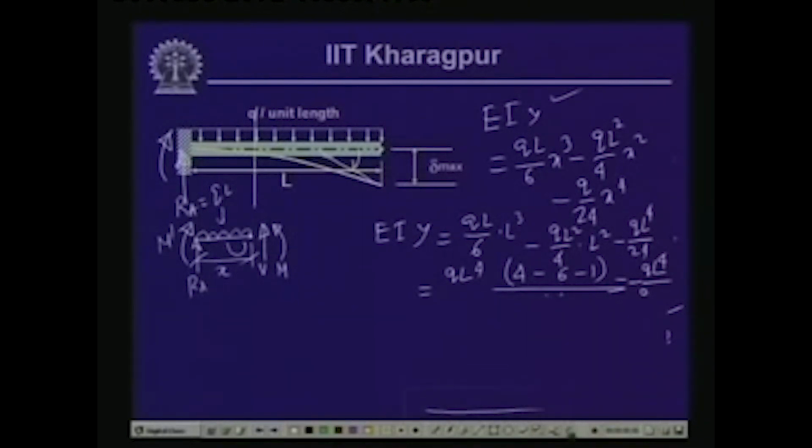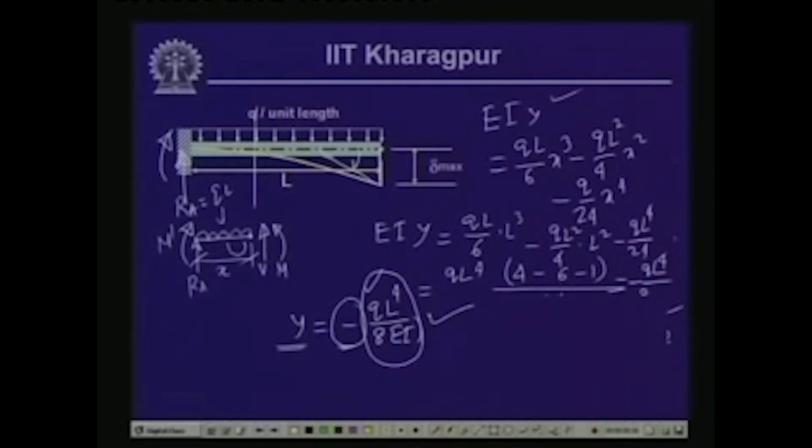So we get the value of y as minus QL4 by 8EI. Again, this minus sign indicates that it is in the opposite direction of the positive y, so it is deflecting downward. The magnitude of the deflection at the end, if we know the intensity q and the span length L, is QL4 by 8EI at the tip point or the free end.